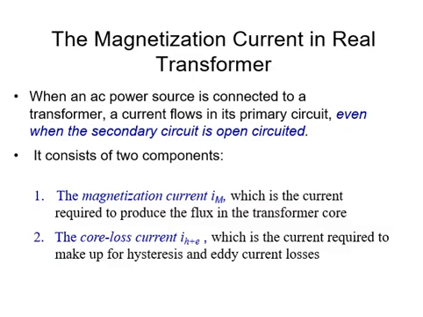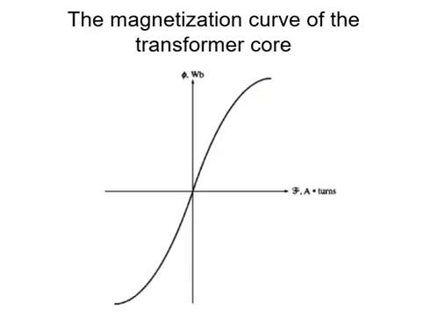One is I of M, the magnetization current, which is the current required to produce the flux in the transformer core, and the other one is I of H plus E, which is the current required to make up for hysteresis and eddy current losses. So this is the basic magnetization curve of the transformer core. In the next slide we will study this in detail.